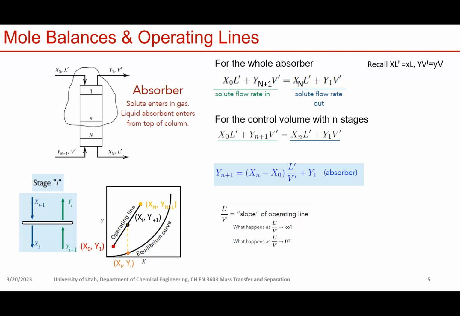Now, this is the equilibrium curve, and based on the equilibrium assumption, xi is here, right? Based on the equilibrium assumption, we know that the liquid stream leaving the tray is in equilibrium with the vapor stream leaving the tray, right? Then the y coordinate of this point basically gives you the composition of the gas phase leaving the tray, right?